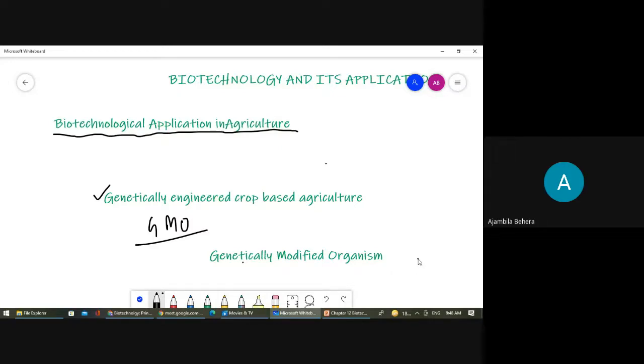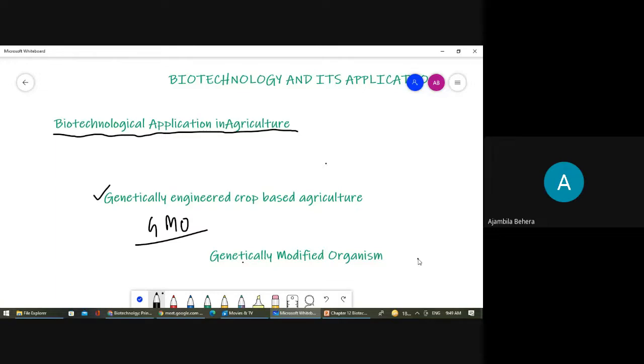Shruti, can you tell? We produce different plants, different kinds of animals, and they are GMO, genetically modified organisms. Why are they genetically modified? Tanisha, tell.